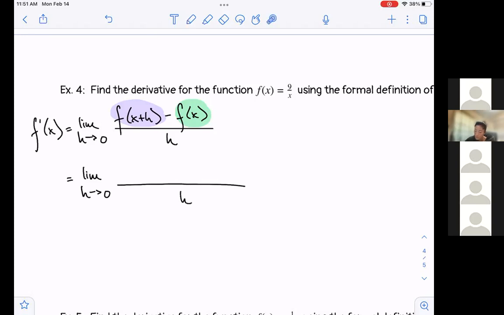Right, so what are we going to put in for the purple? All right, I see Dallas has put in a conjecture in there, 9 over x plus h. And I'm wondering if someone can take that and maybe make it a little bit more precise.